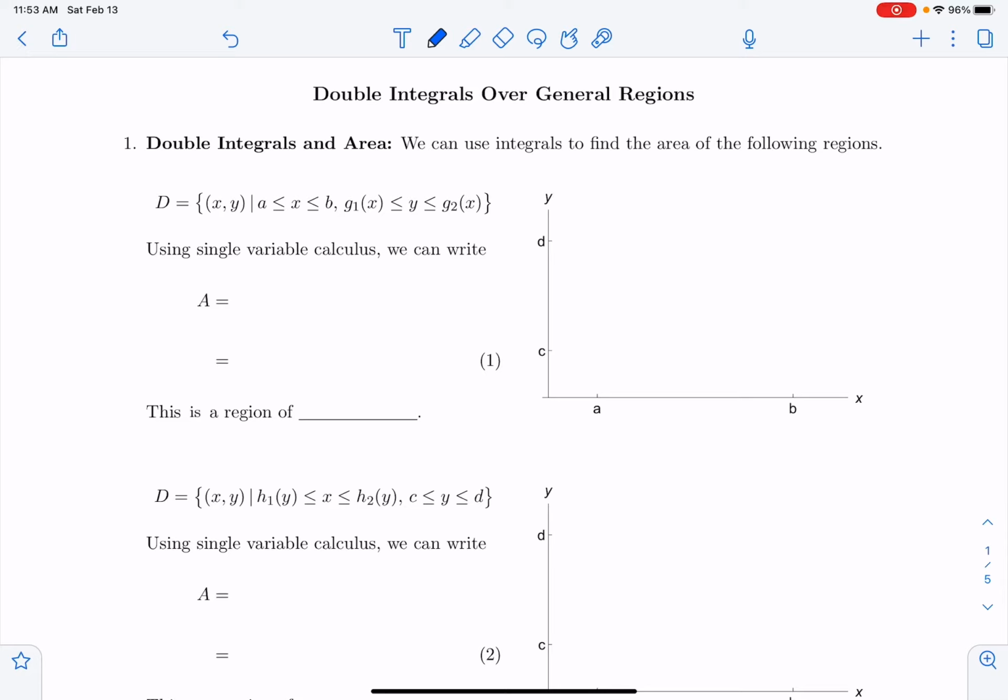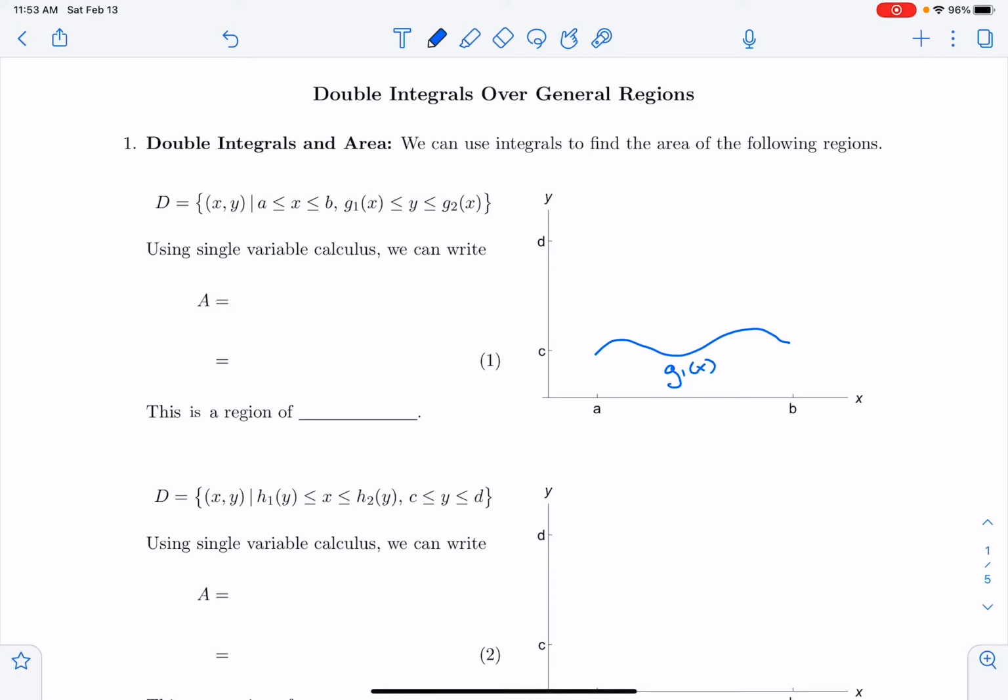This first region is going to be defined by x being between a and b, and y being between two functions, g1 of x and g2 of x. So essentially, we have a function g1 of x that is defined between a and b.